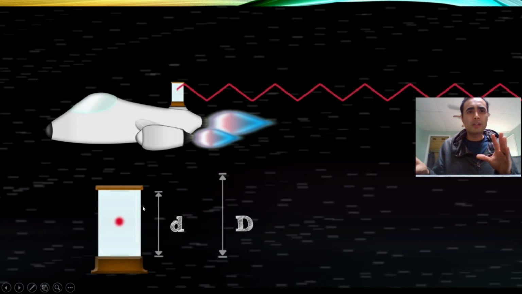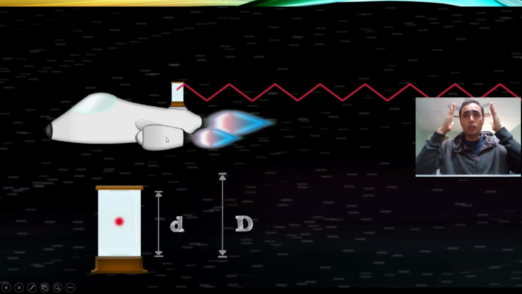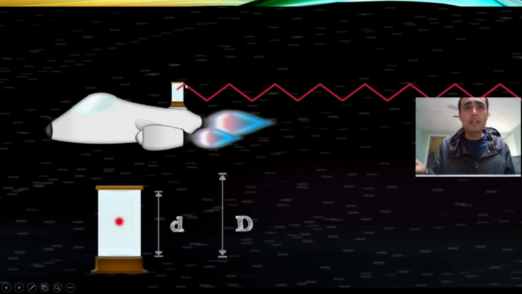What we notice is the person inside will see the distance it travels from here to here is this d. However, the person looking from the outside is going to notice that the distance it travels is from here to here, meaning the distance is bigger. They're both going to see the speed of light as exactly the same, but the distance it travels is going to be a lot more.